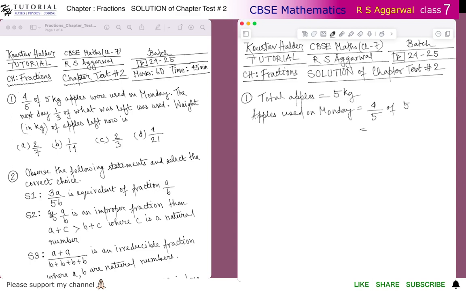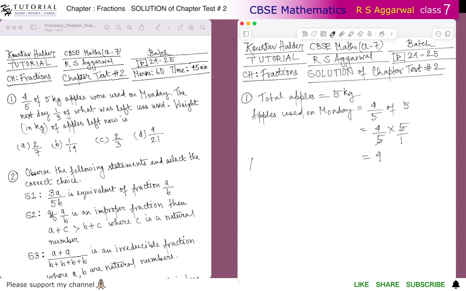Using the of operator, this is 4 by 5 multiplied by 5. 5 is basically the fraction 5 by 1. So this becomes 4. Apples used was 4 kg. So 4 kg apples was used on Monday. Now the next day, 1/3 of what was left.